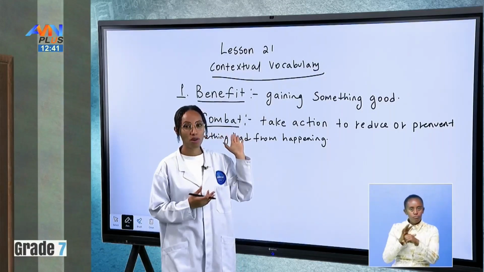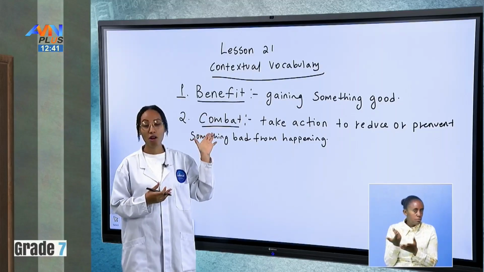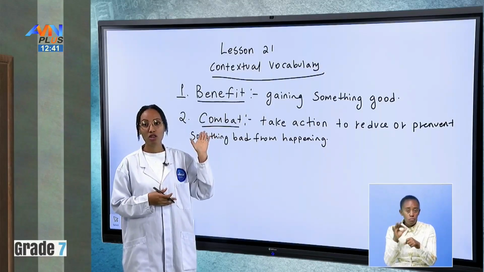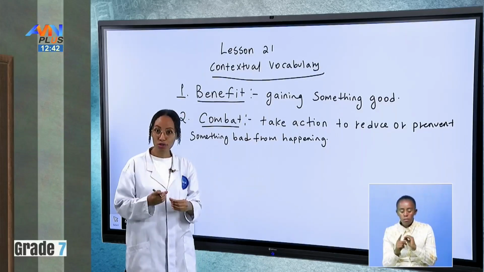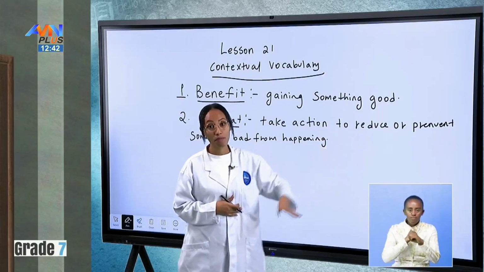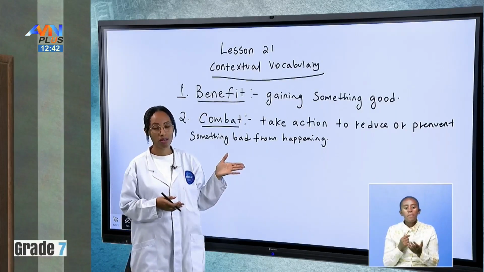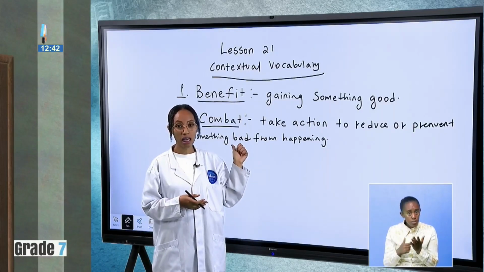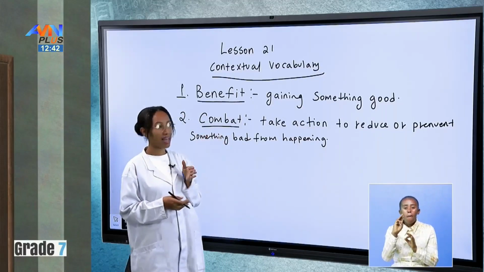This term was used a lot during the coronavirus pandemic. So combating means what? Taking action to reduce or prevent something bad from happening in this case. So this is the contextual meaning of combat in this lesson.